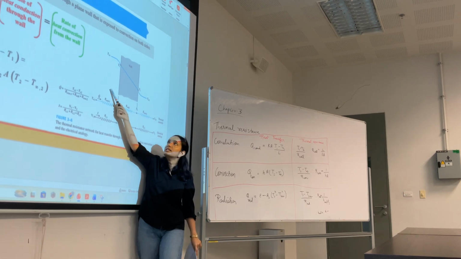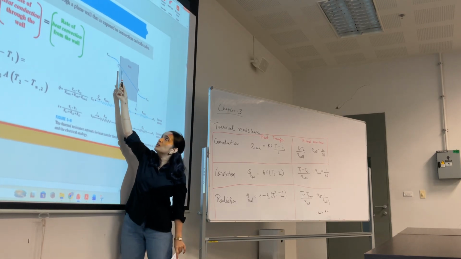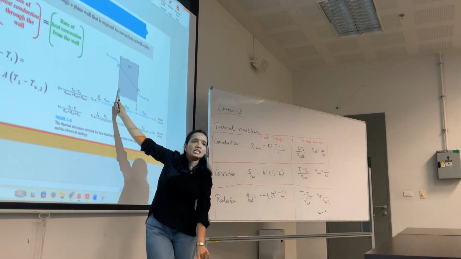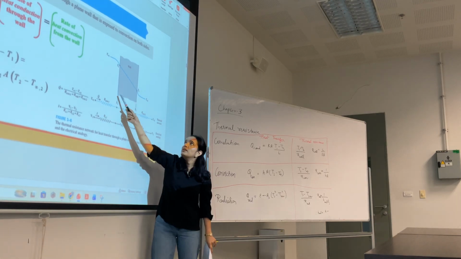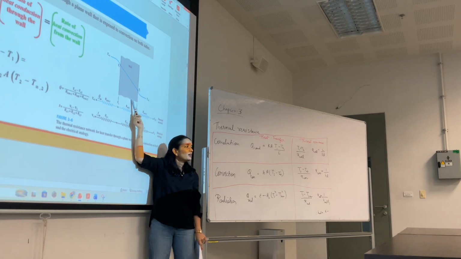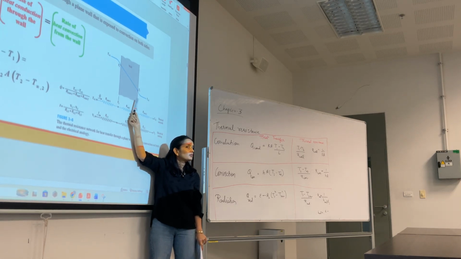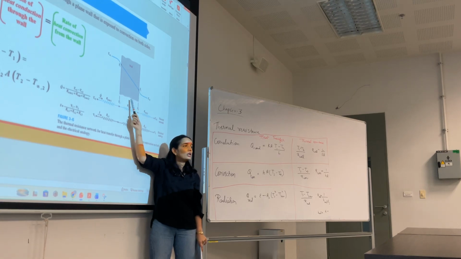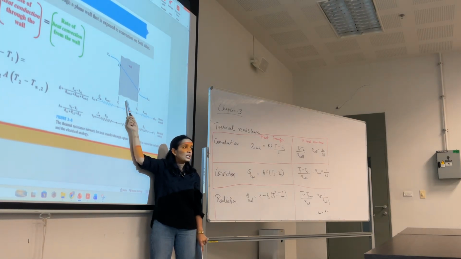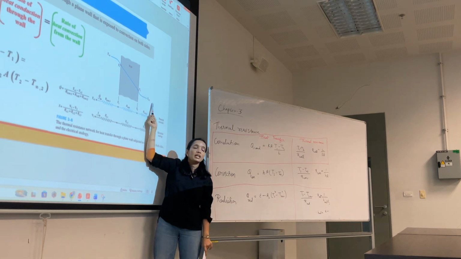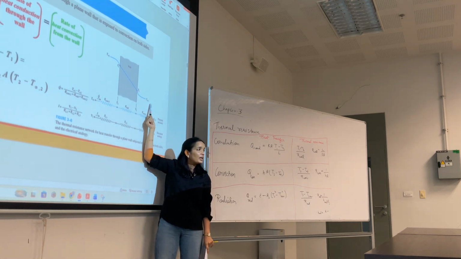From T infinity 1 to T1, the heat transfer will be by convection. From T1 to T2, it will be by conduction. From T2 to T infinity 2, again by convection.